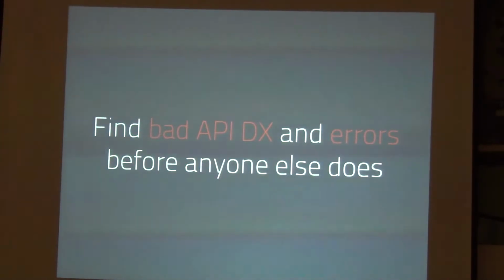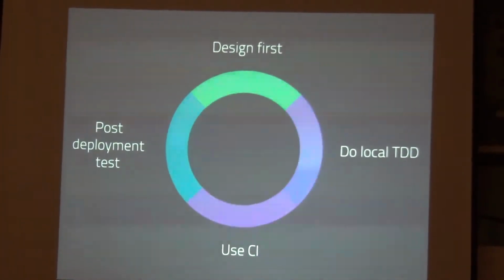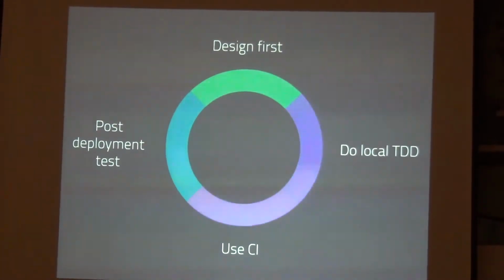So Dredd will be your buddy in your fight against bad developer experience and errors in APIs and their documentation. Now I'd like to have a closer look at how, and then I will show you a little demo with some examples with Dredd.